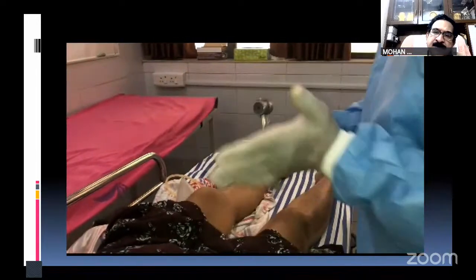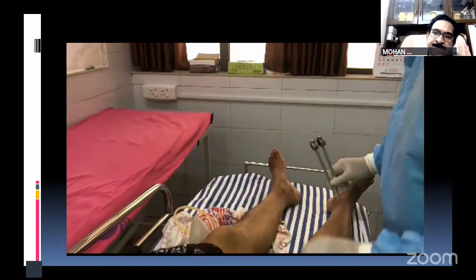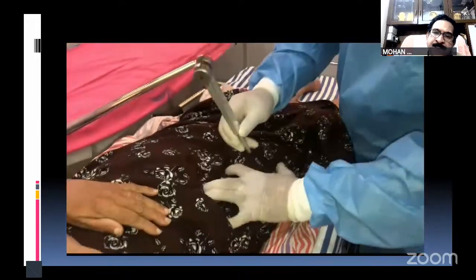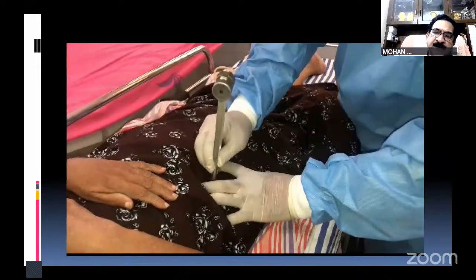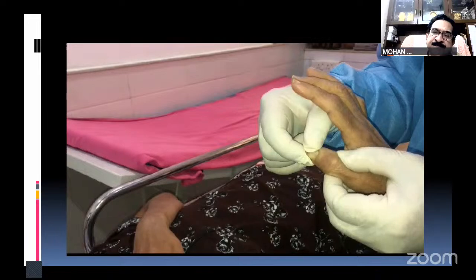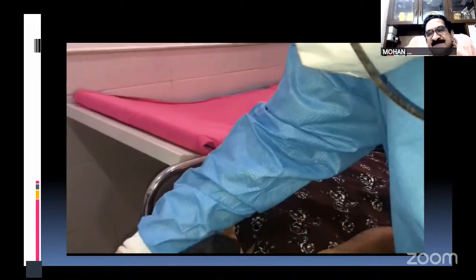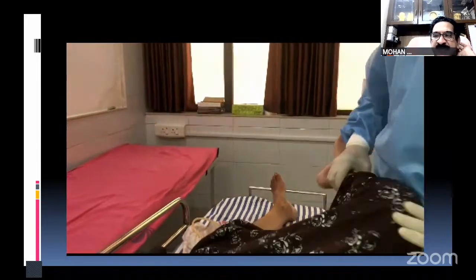Lower limb, it's absent. She says absent, the anterior superior iliac spine also it is absent. And joint position sense examination was inconsistent. I couldn't get a proper answer, so that's not very reliable.